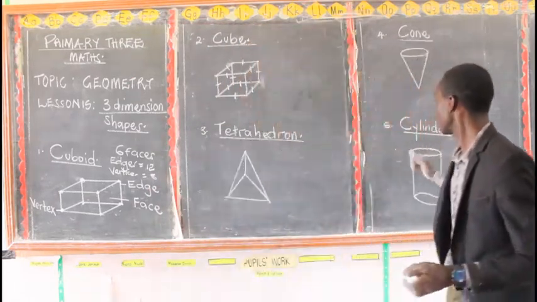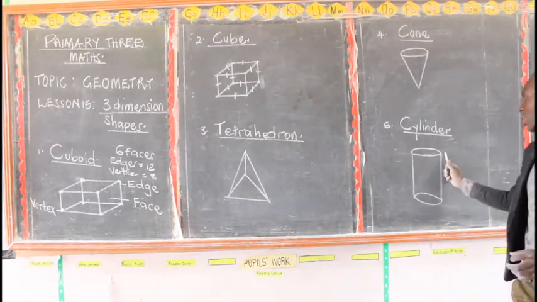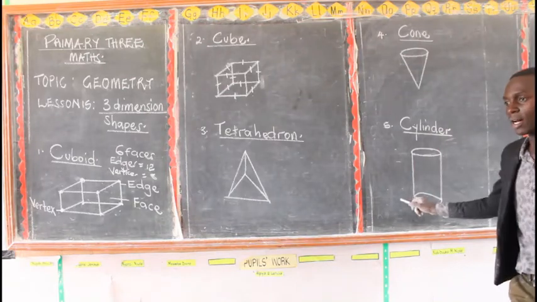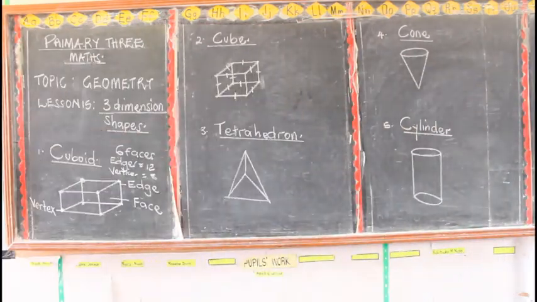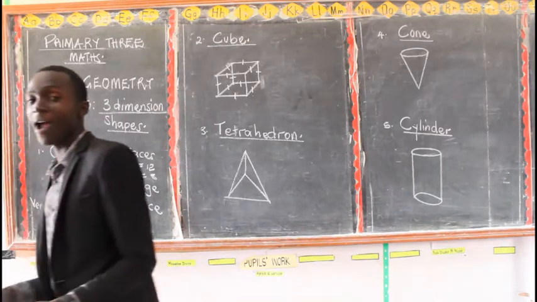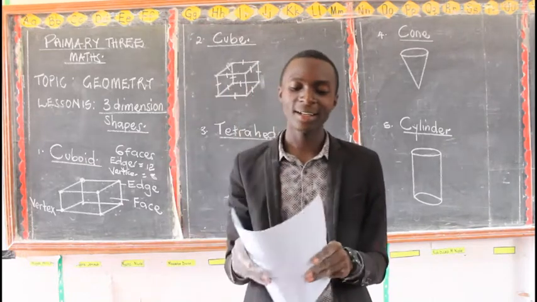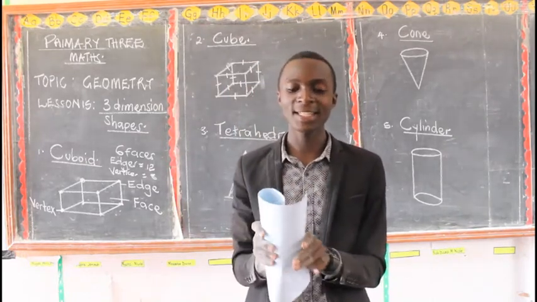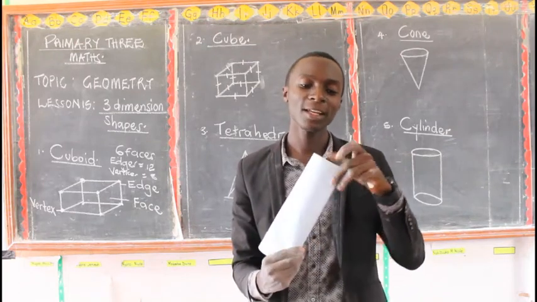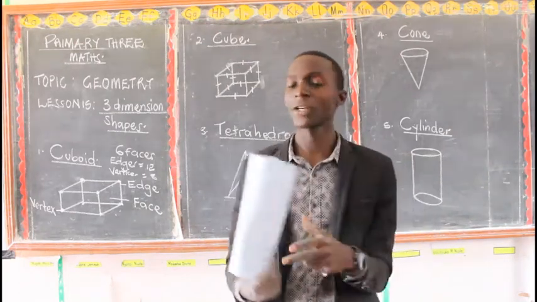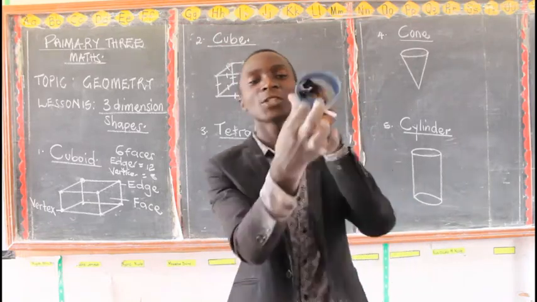So this is a cylinder. It is having two circles. This is one circle up and this is another circle down. You can also make your own cylinder by getting a rectangle and folding it properly. If I fold this one properly, this one's a rectangle, I'll get what you call a cylinder.